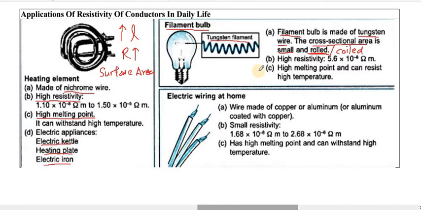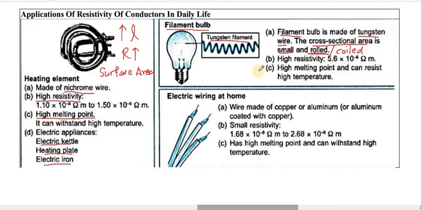I repeat, when the charge passes through the tungsten filament, it needs to do work to overcome the resistance in the tungsten filament. The work done transfers energy into the filament and makes it extremely hot. It is so hot that it releases light energy. It glows and produces light.